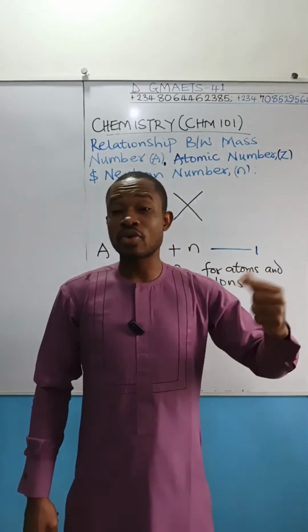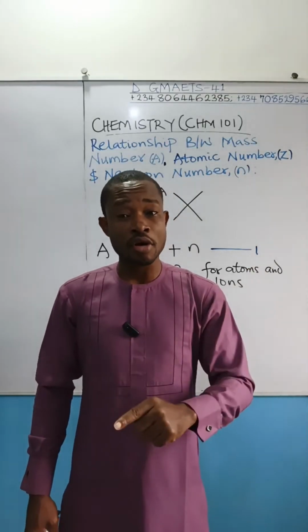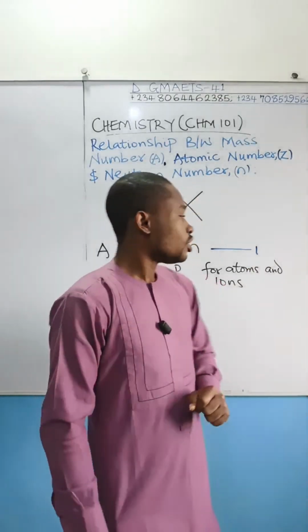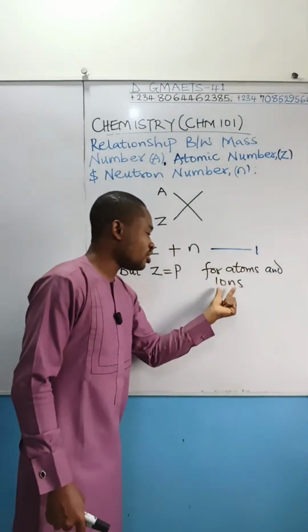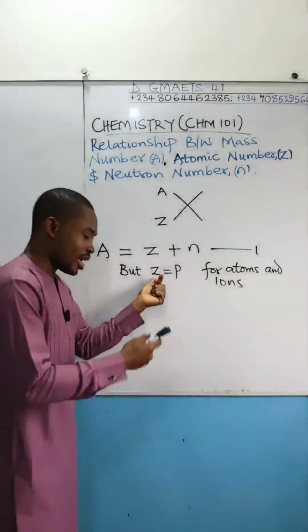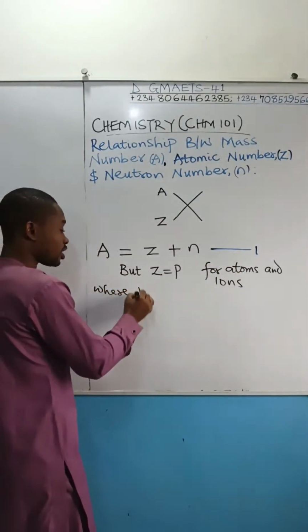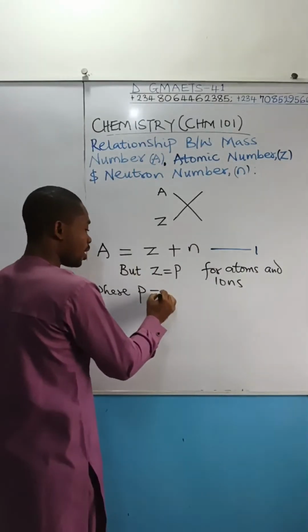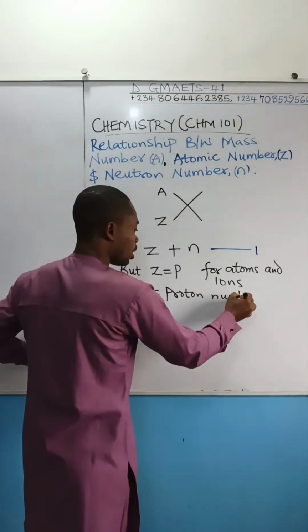Whenever an atom has reacted, we don't call it an atom again. Rather, we call it an ion. So whether you are talking about an atom or an ion, always remember that atomic number is equal to proton number. Let me define this because I've not written it on the board, where P is equal to proton number.